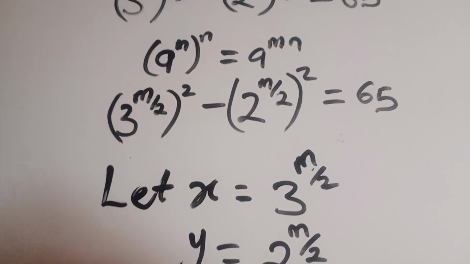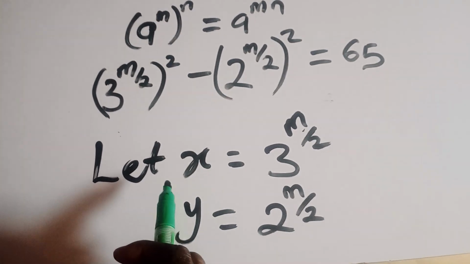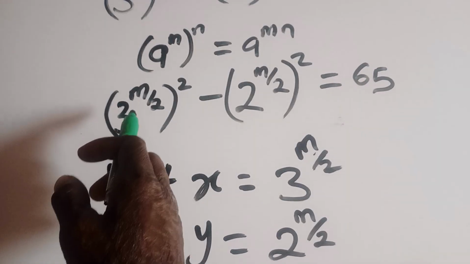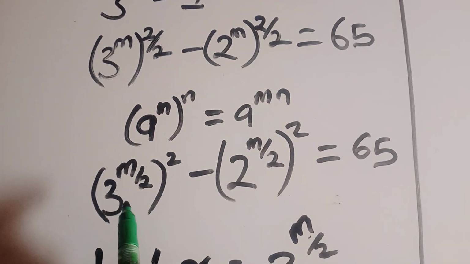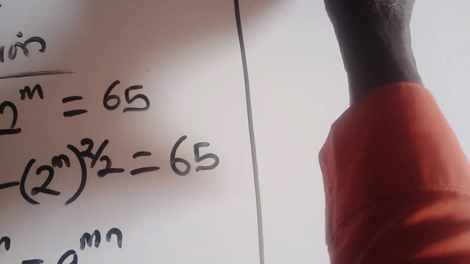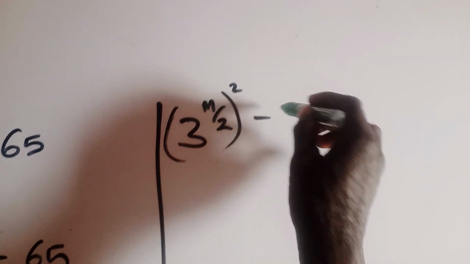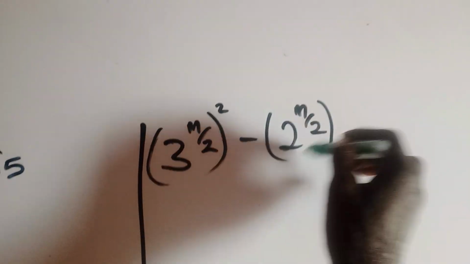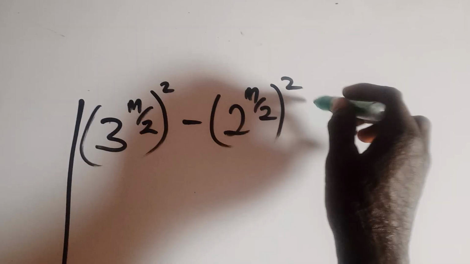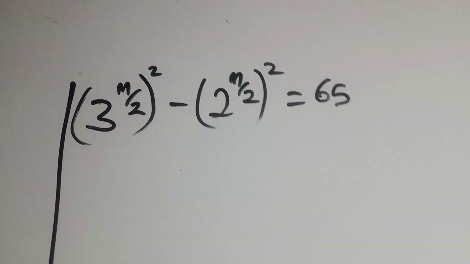Once you understand it up to this stage, I will have to substitute for the value of x and y in this expression. So we have (3 raised to power m divided by 2) squared, minus (2 raised to power m divided by 2) squared, to be equal to 65.